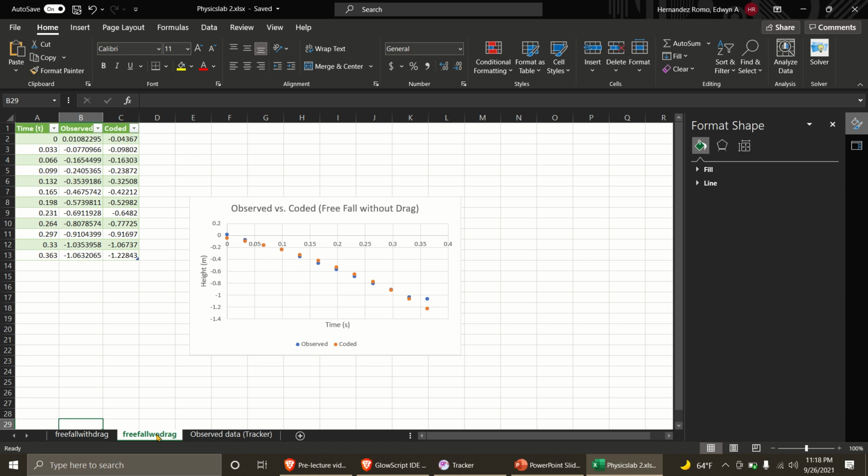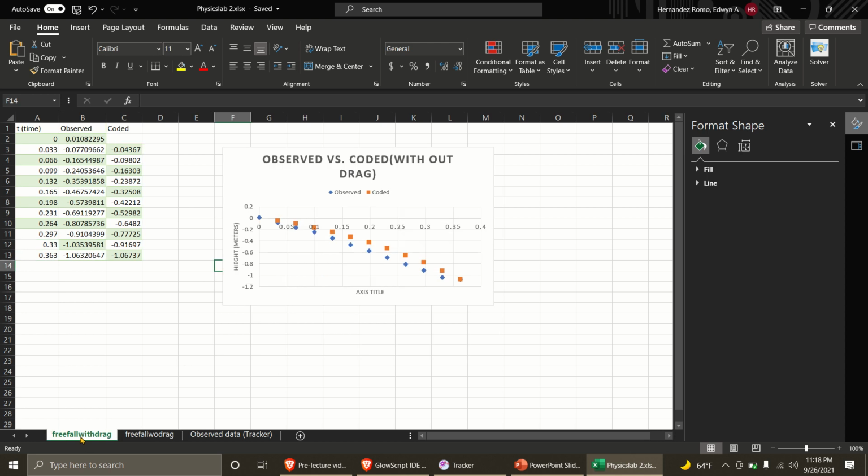As you can see, my code actually worked pretty well with it, but it kind of went off because of the tracker and also where I put my data points when I was tracking the cloth coming down. As you can see, there's a slight disproportionality right here.